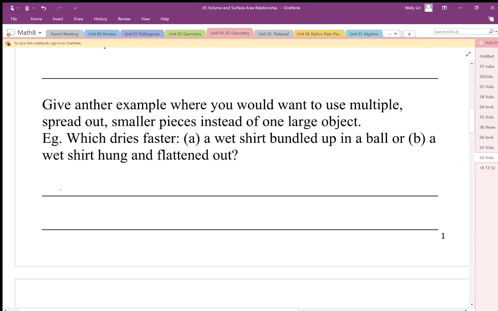So the large surface area of elephant's ears allows for a greater amount of heat transfer. That would be just one example.